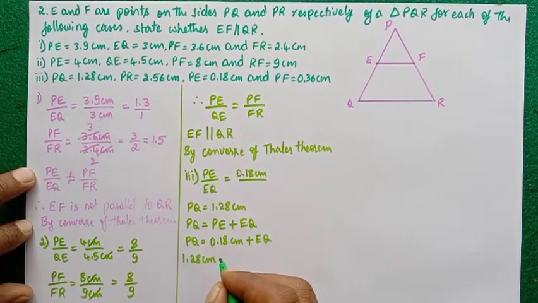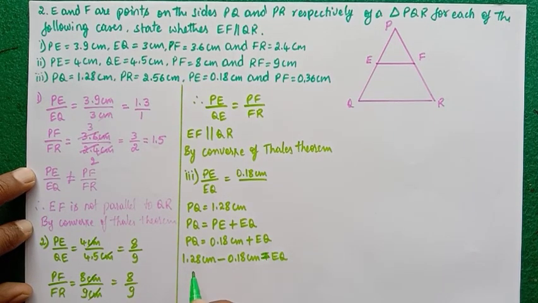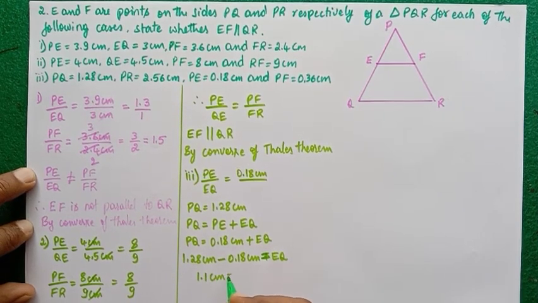When we shift this to the left hand side, it will be 1.28 centimeter minus 0.18 centimeter is equal to EQ. So when we subtract, 1.1 centimeter is equal to EQ.